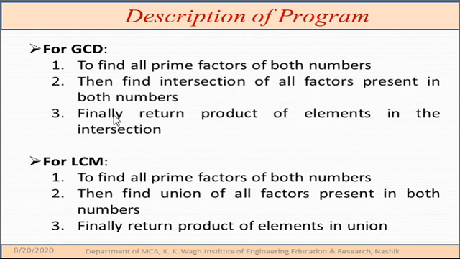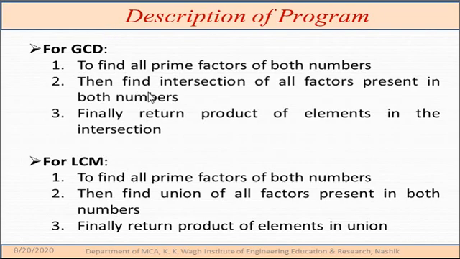Description for the program: how to implement the GCD. Mathematically, we had seen that by using the example of two numbers. But if we want to implement that in a program, what are the steps we have to perform? Three steps we have to perform for the GCD as well as the LCM.